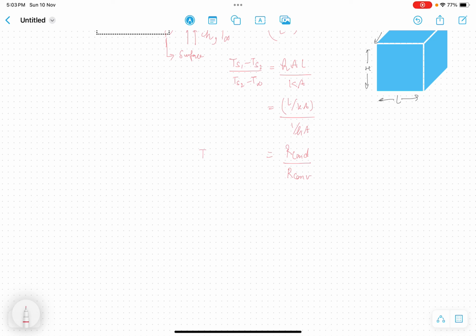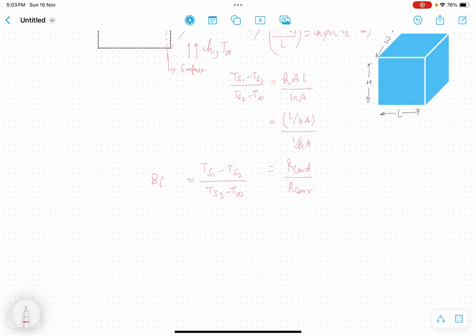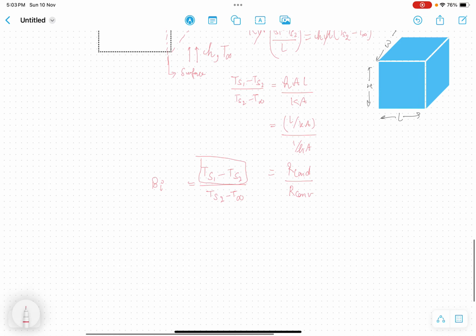So this term represents the Biot number in unsteady heat transfer, and as we have seen in the last class, the Biot number represents the temperature drop within the solid.